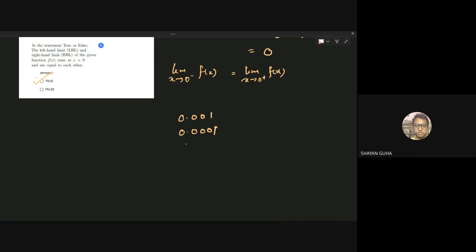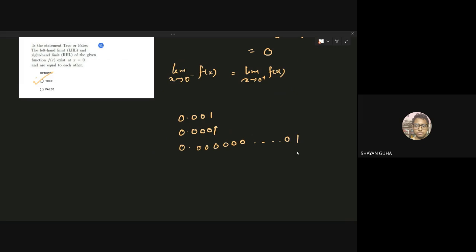So in that sense, if we try to think, it will get difficult. If someone comes and says, I will put 20 zeros here and after that I'm putting 1, this is still a finite number which is greater than 0. And what does tending to 0 mean?